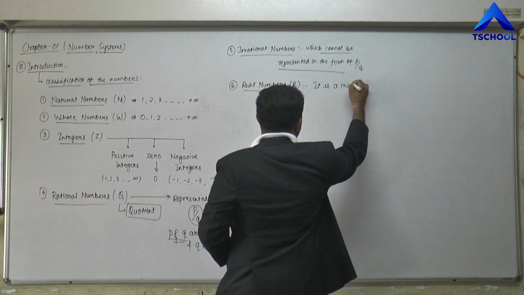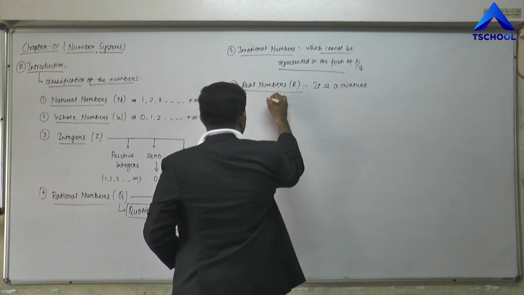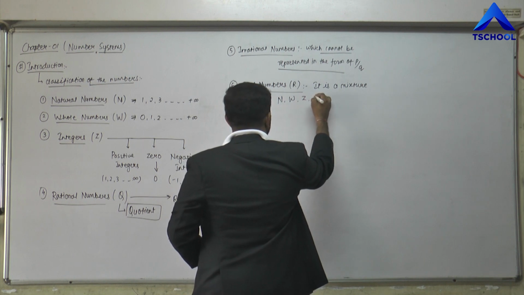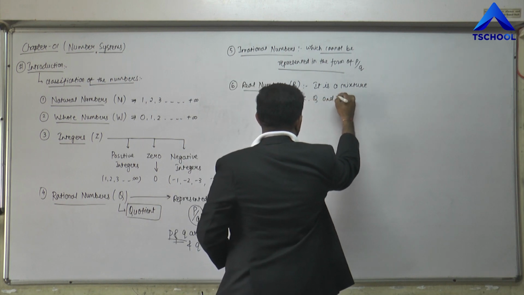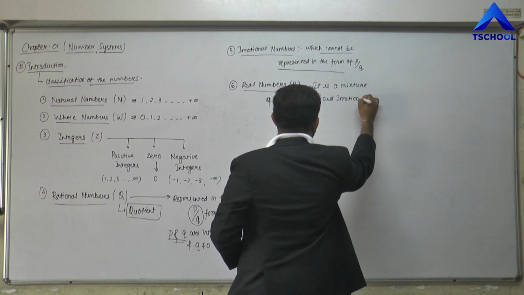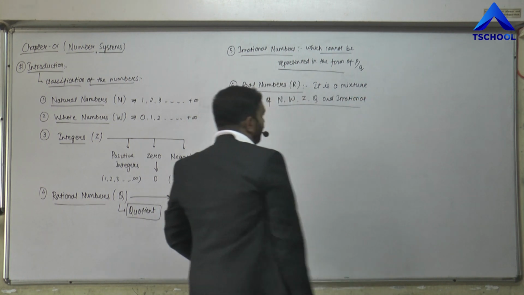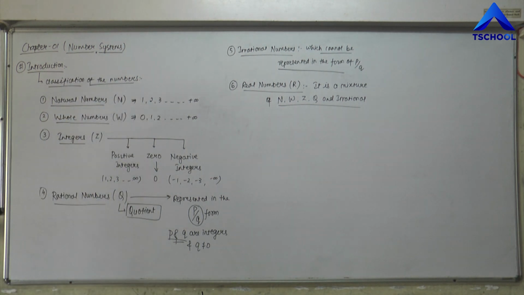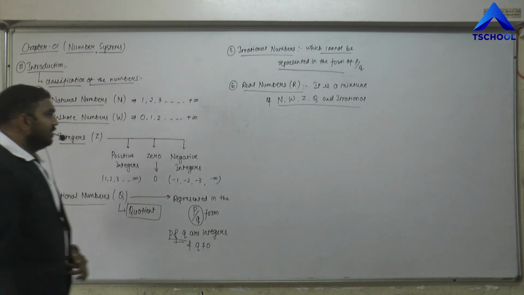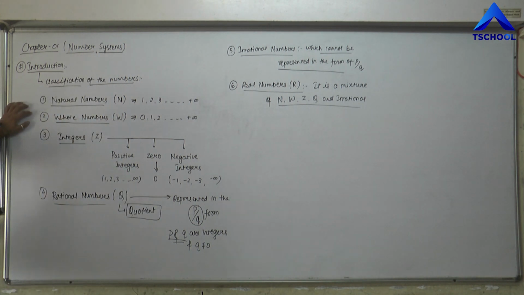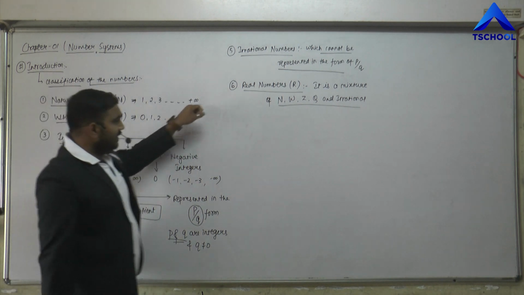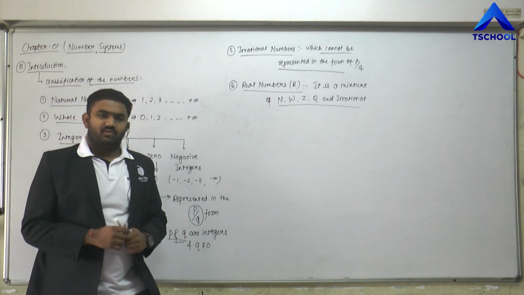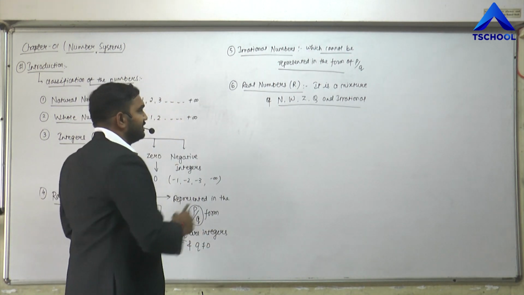A mixture of natural numbers, whole numbers, integers, rational numbers and irrational numbers, all mixed up, and what we get is a real number. We get a new classification, that is the real numbers.